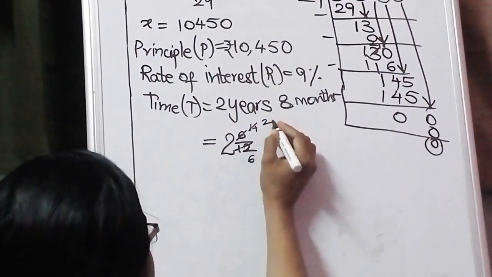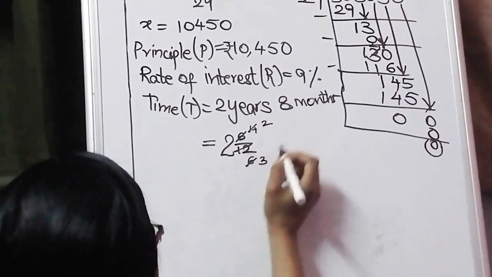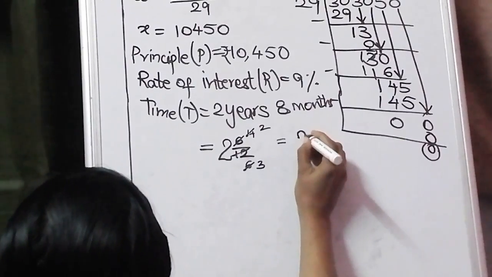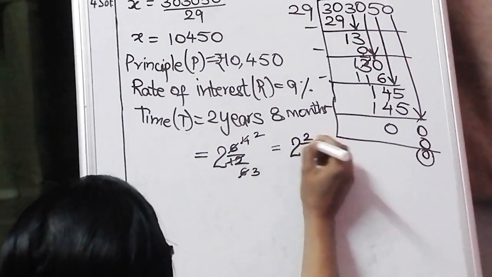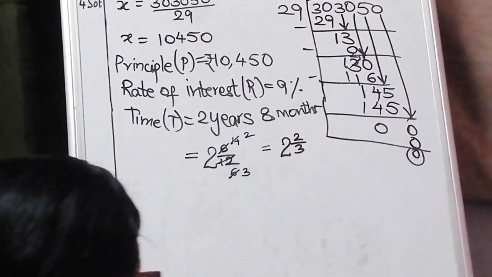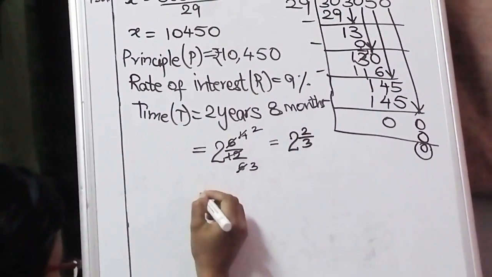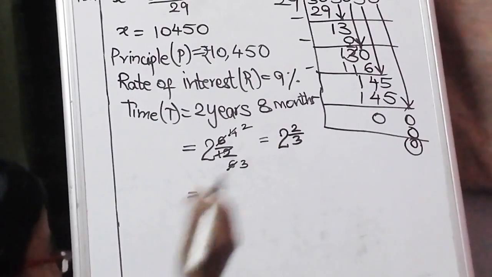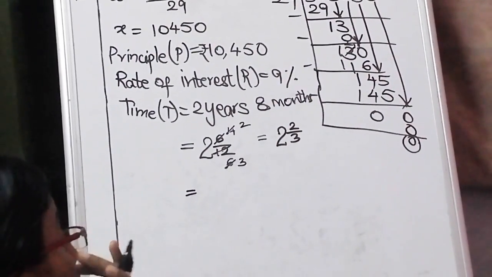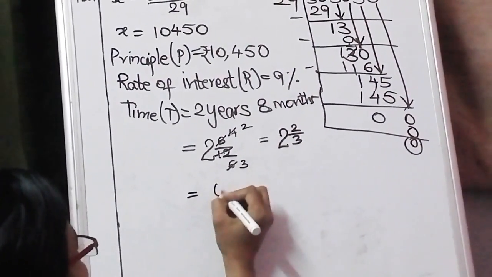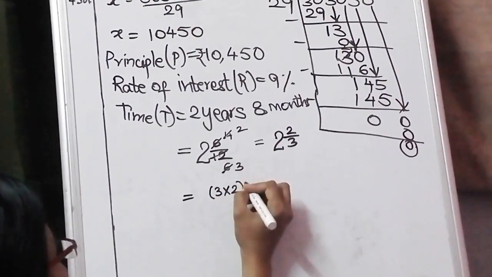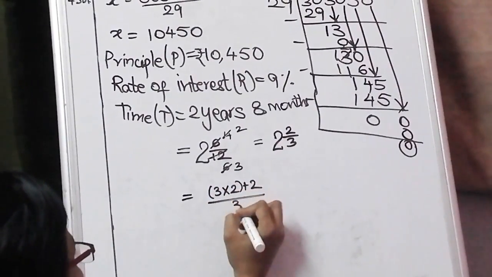Now 2 2s are 4, 2 3s are 6. So this is nothing but 2 2 by 3 years. This mixed fraction, if I want to convert it into an improper fraction, it is 3 into 2 plus 2 divided by 3.